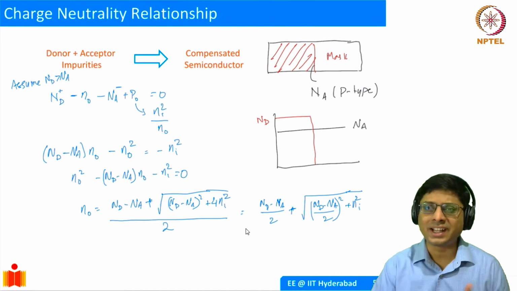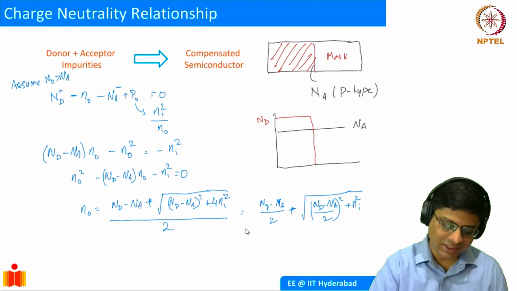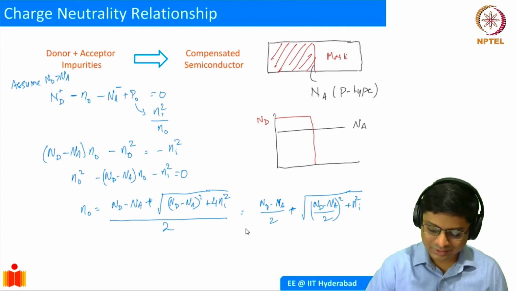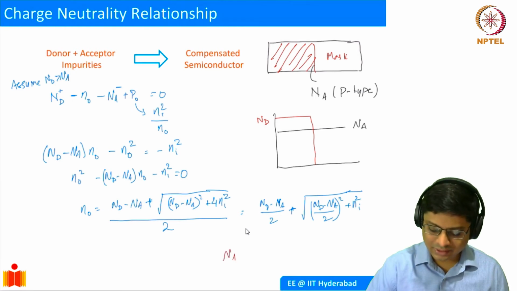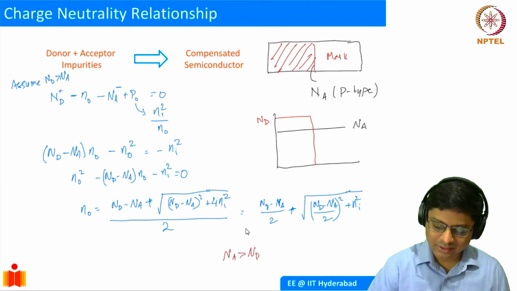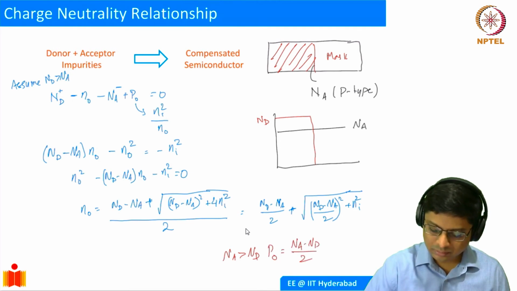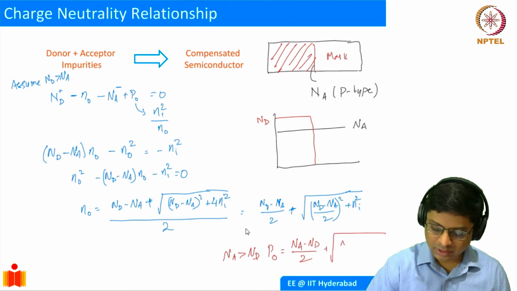And if I have Na greater than Nd, I will not prove it, but I will write that P naught is going to be equal to (Na minus Nd) divided by 2 plus square root of ((Na minus Nd) divided by 2) whole square plus Ni square.